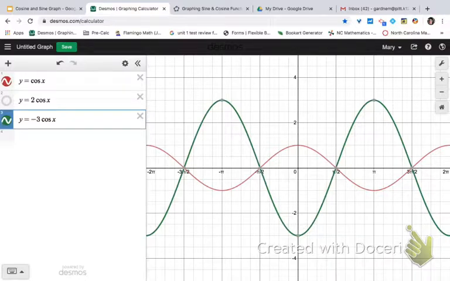This third example says y equals -3 cosine x. So now 2 things have happened. First and foremost, I am 3 units between my midline and my maximum or minimum.